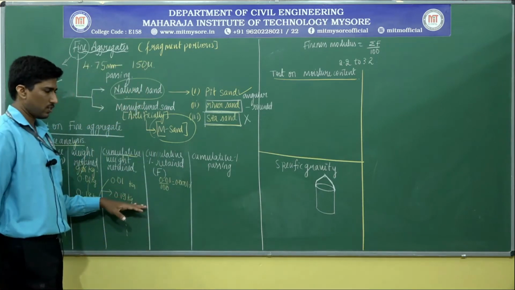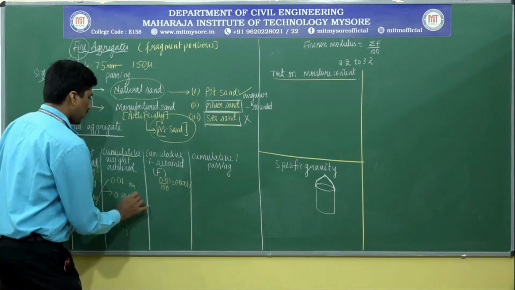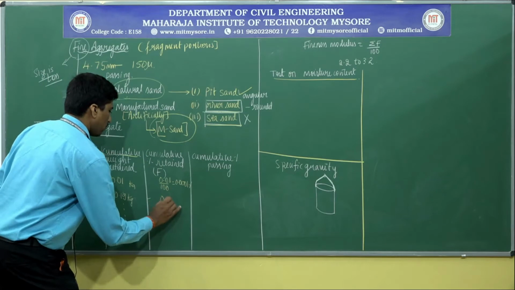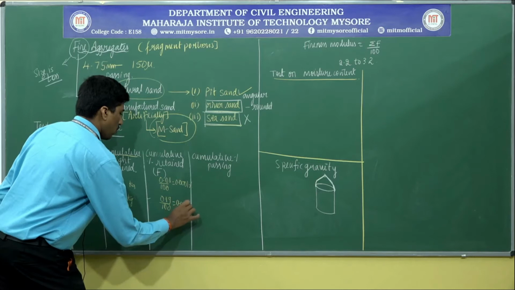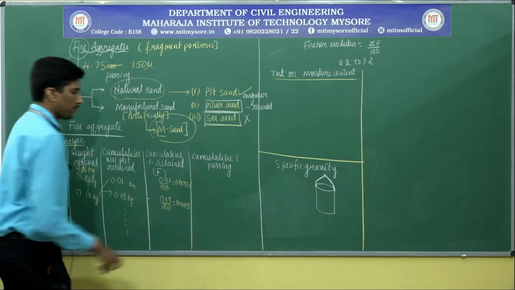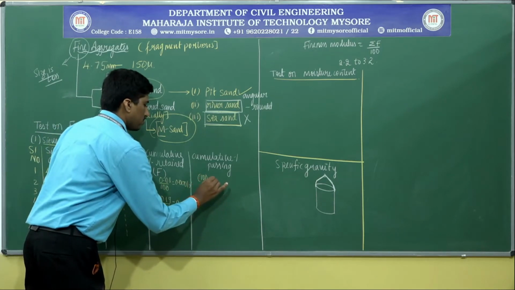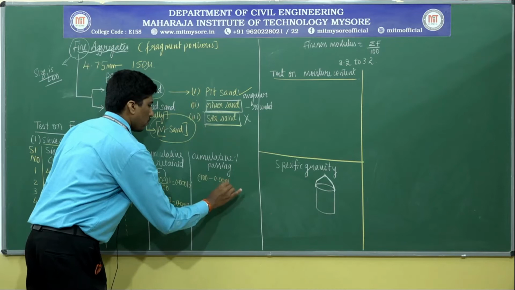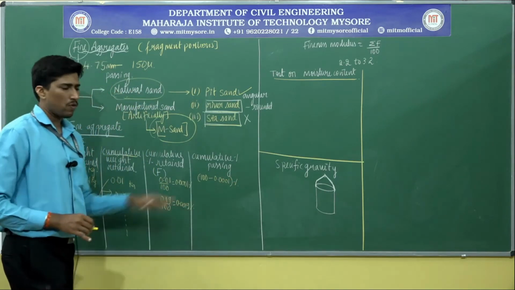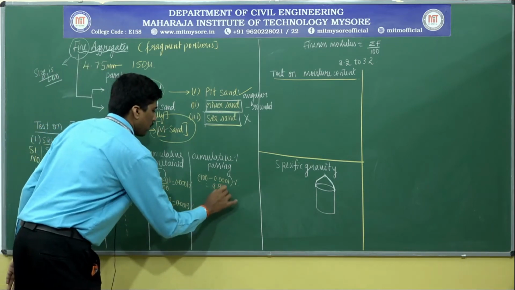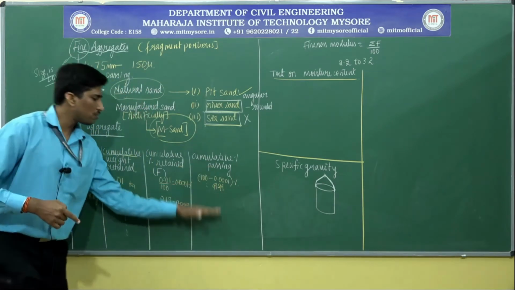Here it is 100% passing, but for example 0.19 divided by 100 is equal to 0.0019. For this you take 100% minus that value, which gives you 99 point something, about 99.99.